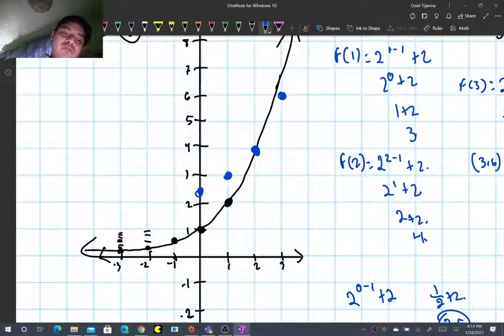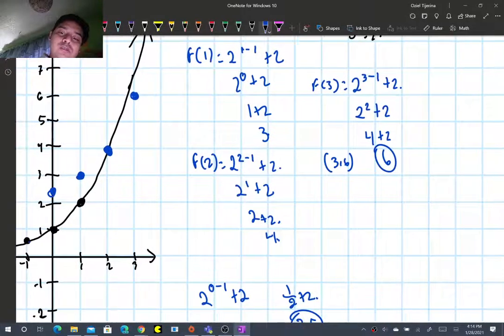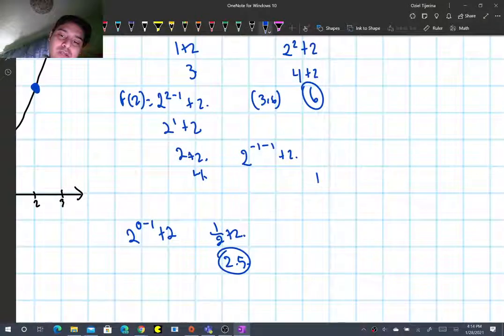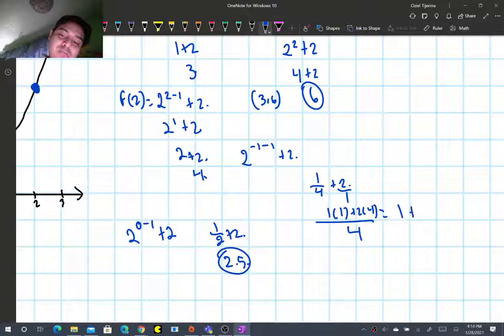And then if you do -1, 2 to the -1 minus 1 plus 2, this would be 1/4 plus 2, which is 1 times 1 plus 2 times 4 over 4, which is 1 plus 8 over 4, which is 9 over 4.